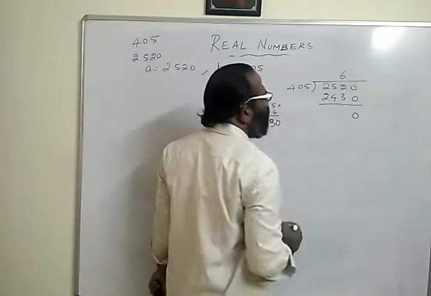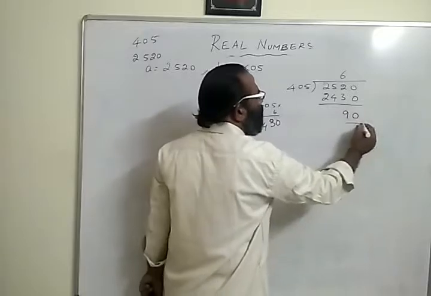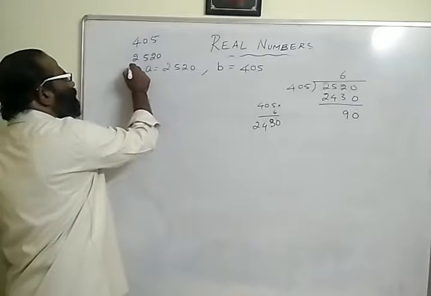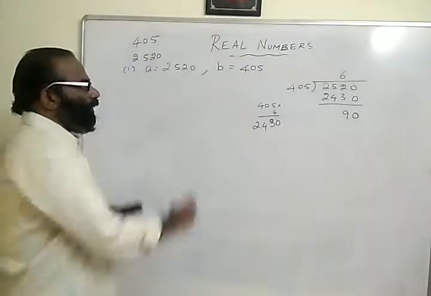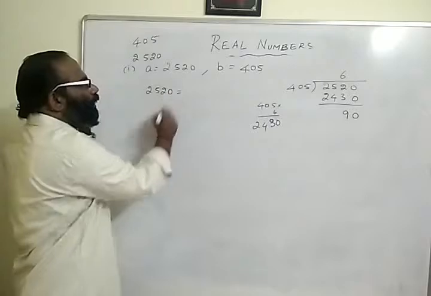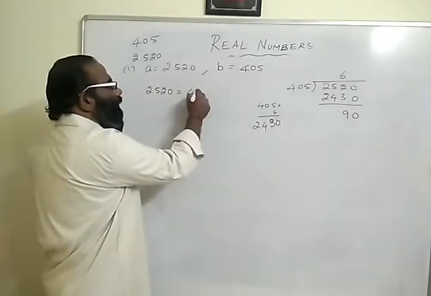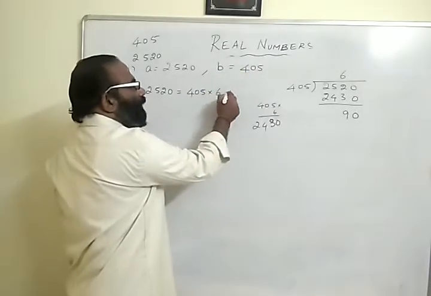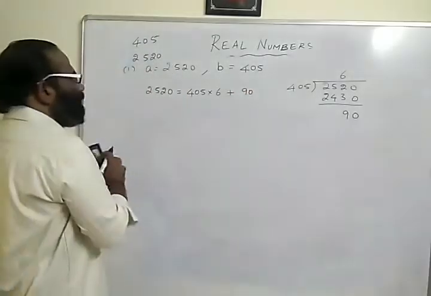What is left? 90. In the first step, I took A equal to 2520, B equal to 405, and so it becomes 2520 equals 405, that is the B, into the Q, which is 6, plus R, which is 90. So this is the first step.